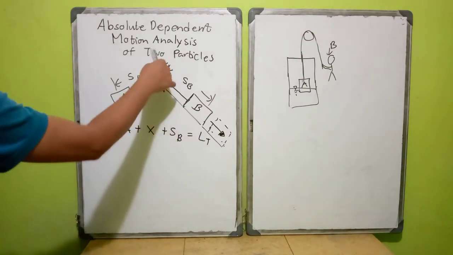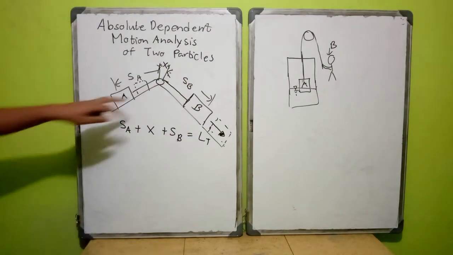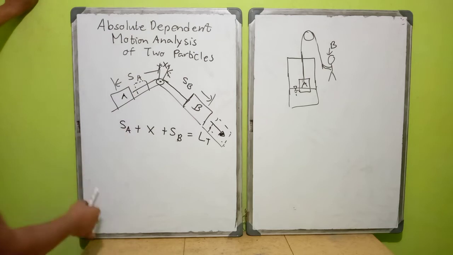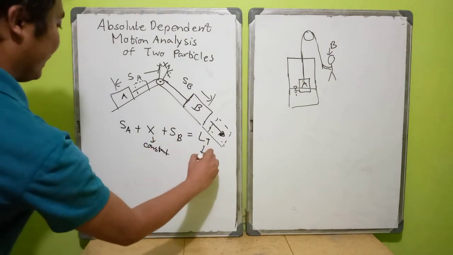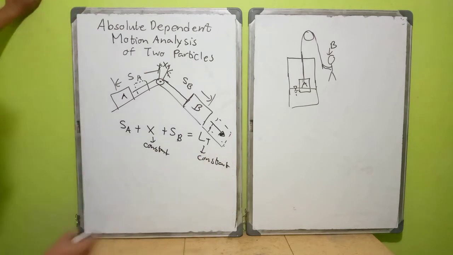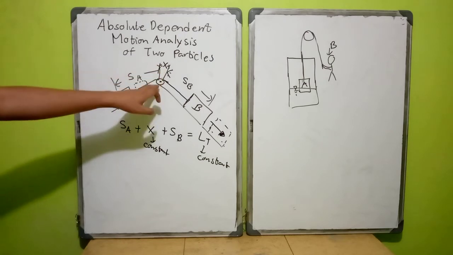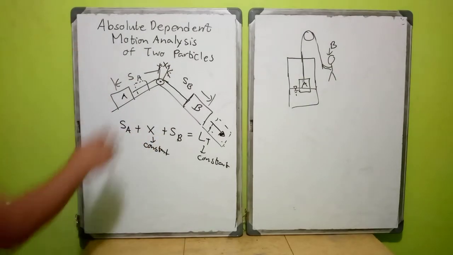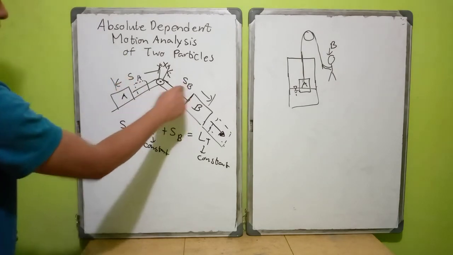The total length and this X, which is the length between SA and SB in this diagram, being pulled by this pulley, are constant. I hope you understand what I mean by constant. The total length is constant. The distance X of this pulley between SA and SB is constant, but your SA and your SB are changing. Therefore, your changing variables are SA and SB.